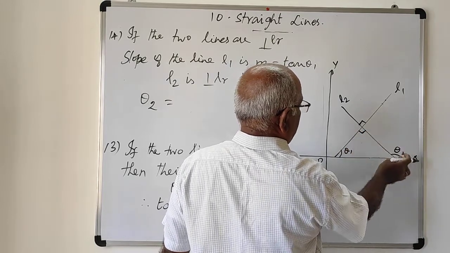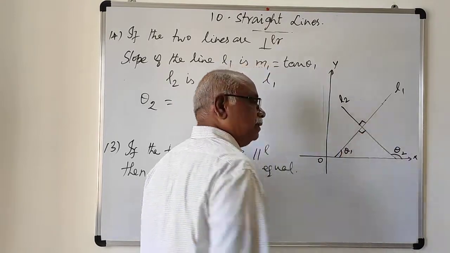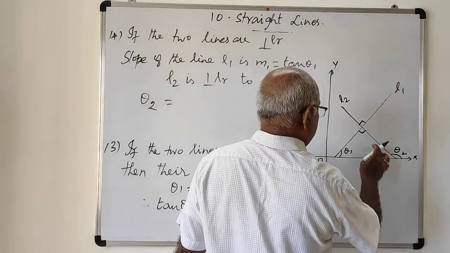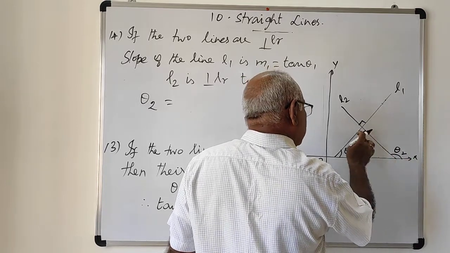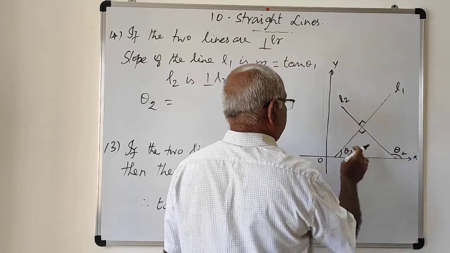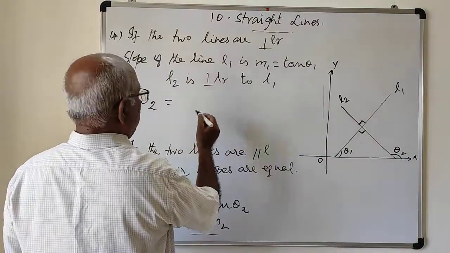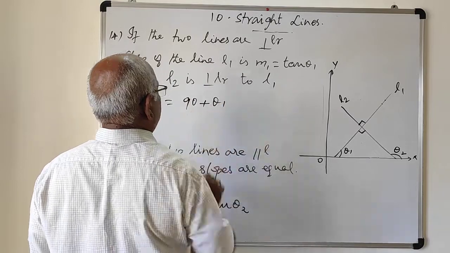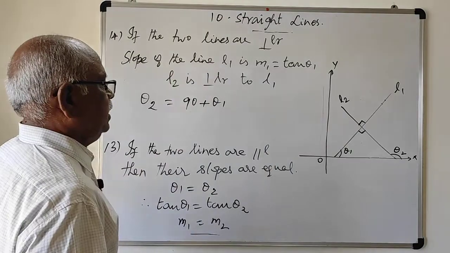In a triangle, the exterior angle is equal to the sum of the two opposite interior angles. Theta 2 is the sum of the two opposite interior angles. Therefore, theta 2 equals 90 plus theta 1.